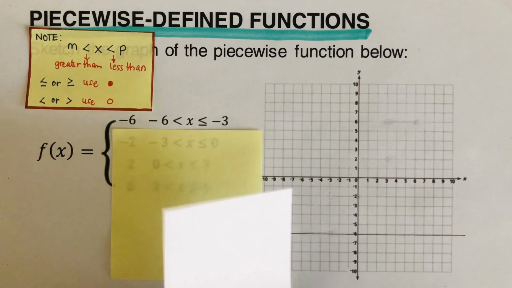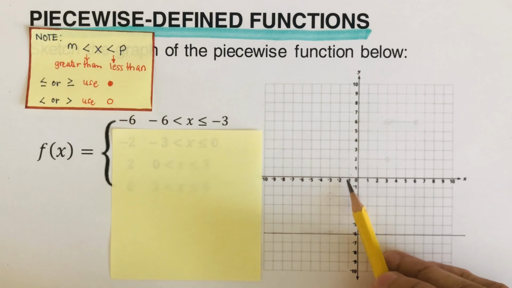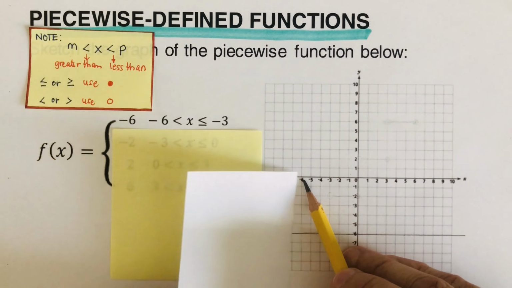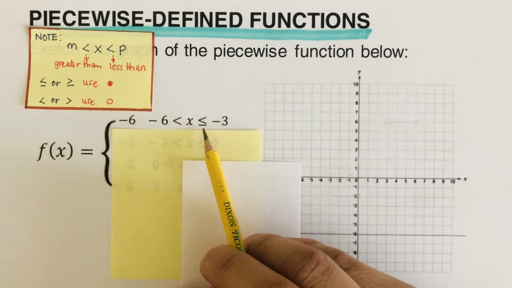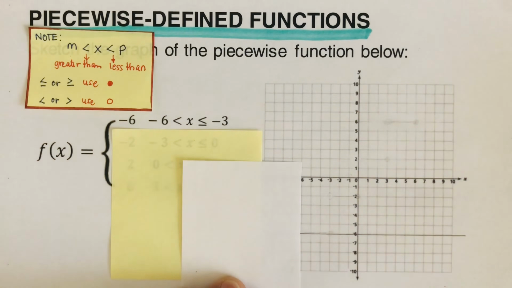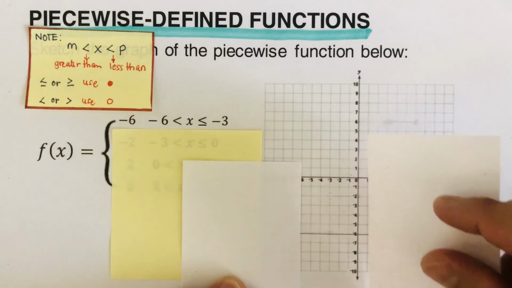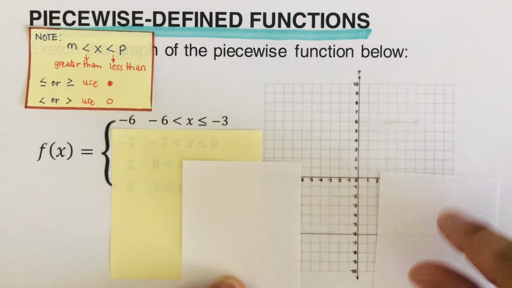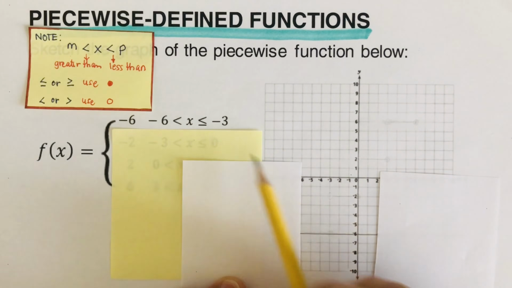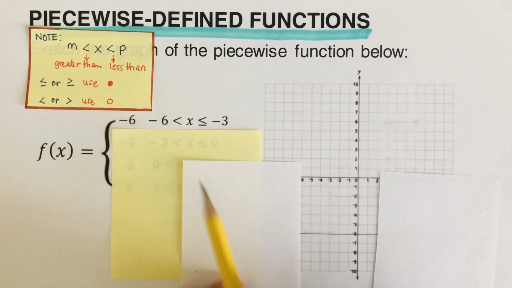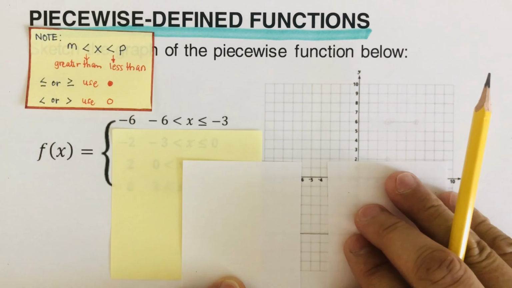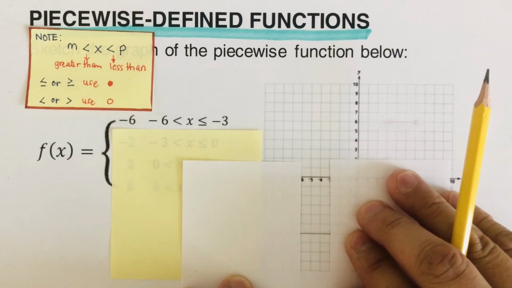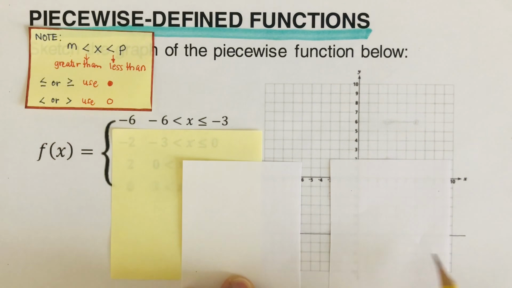Let's see where -6 is on the x-axis. It's right here, so I will cover that part. Then it says it should be less than or equal to -3, so I would only consider up to -3 on the x-axis: -1, -2, -3. So it's right here. Only this portion of the horizontal line will be graphed.